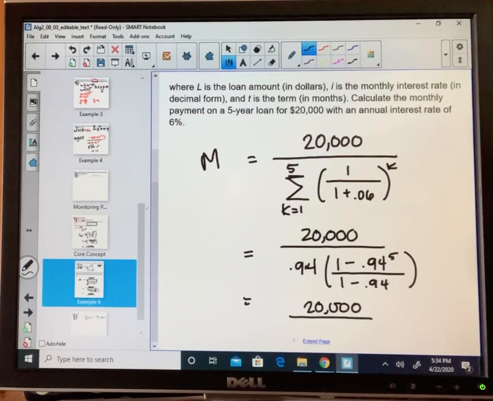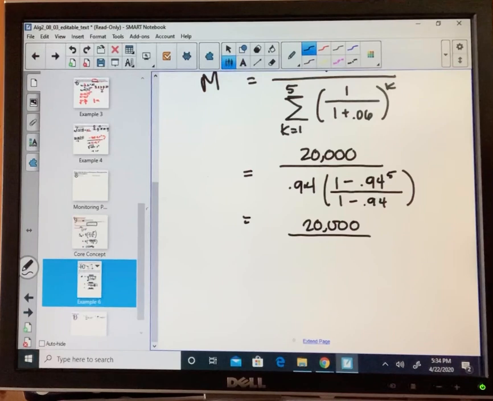20,000 divided by, I don't think I did that right, 0.94 to the power of 5. Is that minus 1, is that divided by 0.06, is that times 9.4, is that 41.69.